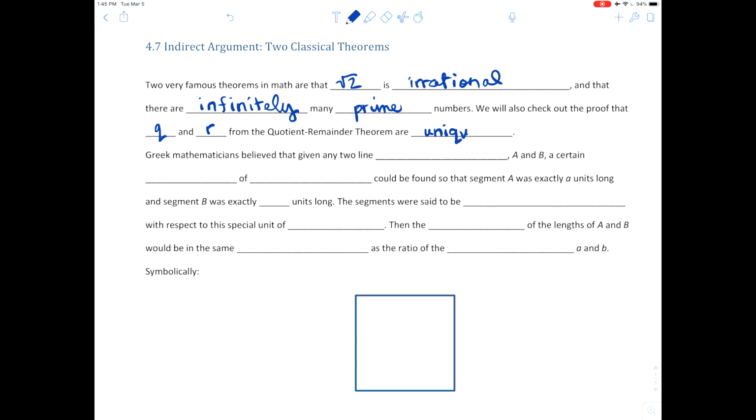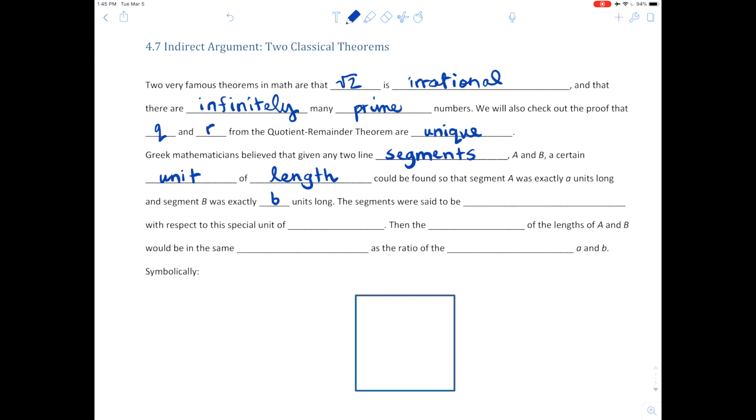So, Greek mathematicians believed that given any two line segments, call them A and B, they don't have to be the same length, a certain unit of length could be found so that the segment A was exactly A units long and segment B was exactly B units long.